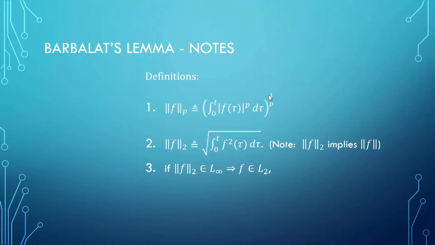So if f is L2, you put p as 2 and this value exists, then we say it's L2. In other words, for an L2 function, the integral of the square of f has to be bounded.